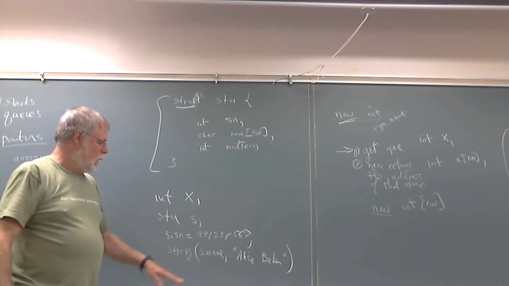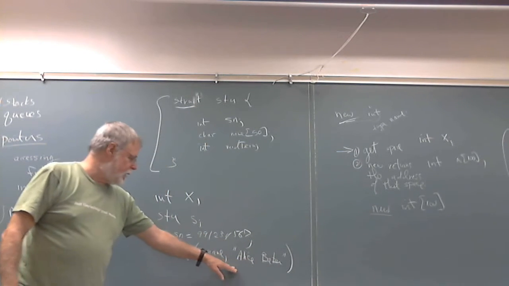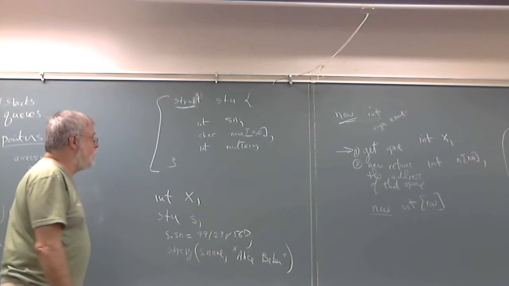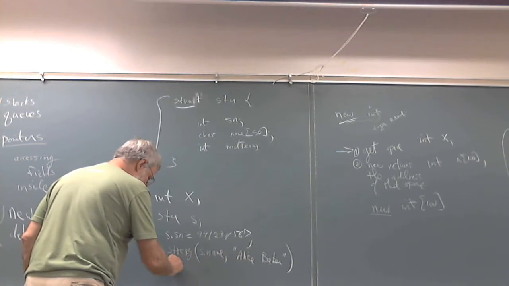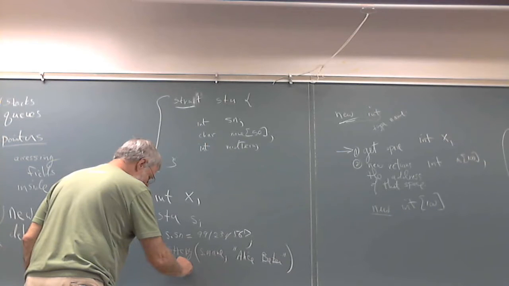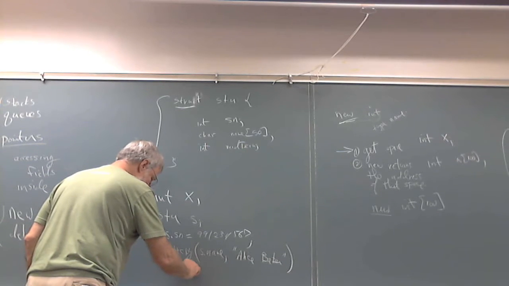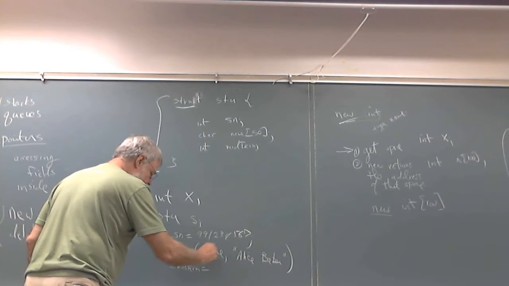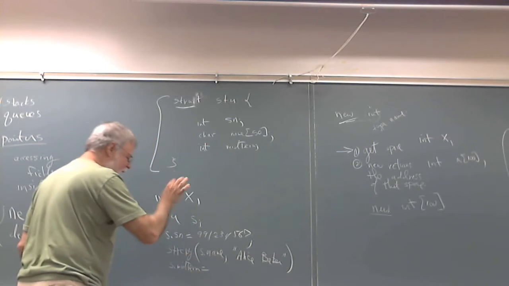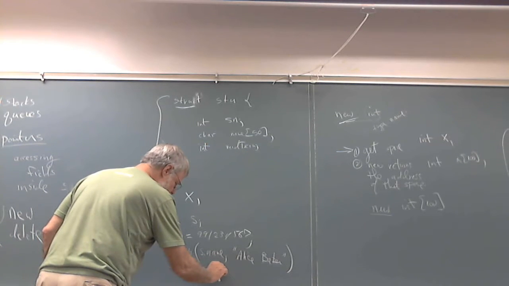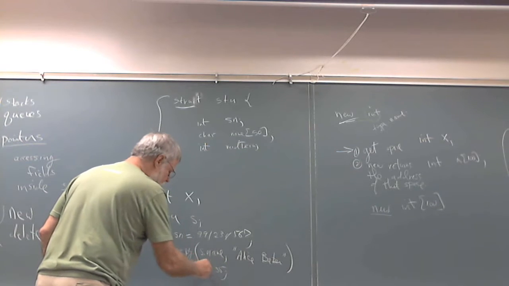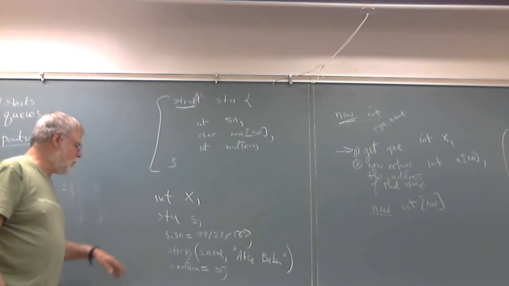So I'm going to copy Alice Baker in for name, and then let's give Alice a midterm grade. Remember, this is out of like 38. Let's give her a 35. So that's a pretty good grade.